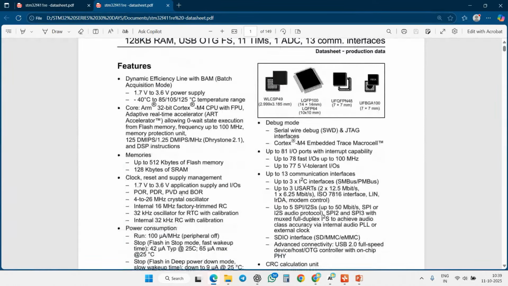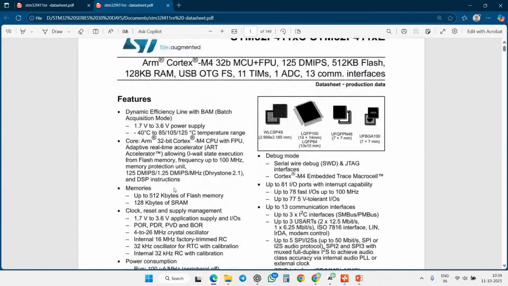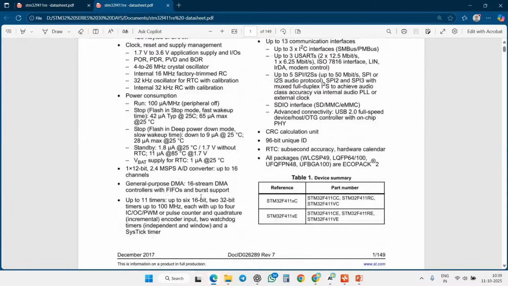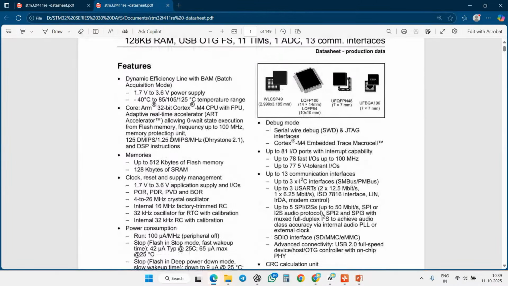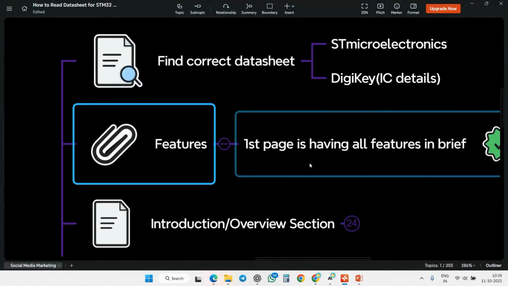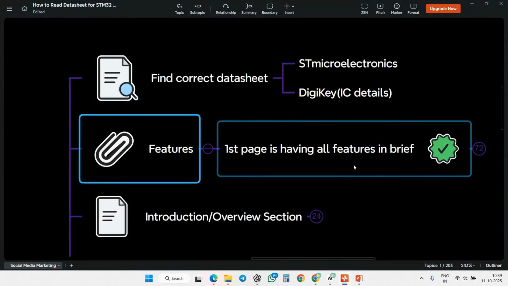When I open up the data sheet, for every data sheet, whether you downloaded the 8051 or PIC data sheet, on the first page you can see the features of your complete microcontroller. So what are the features of the specific microcontroller? The first page tells all the features in brief.